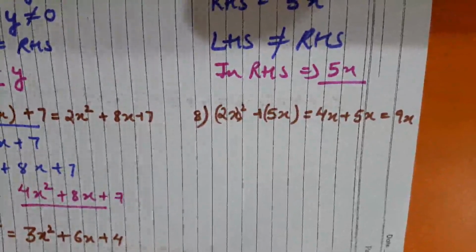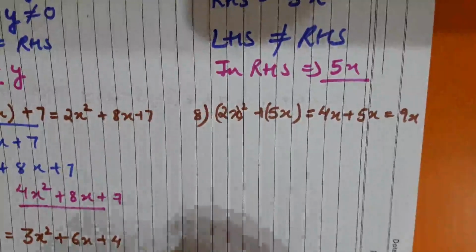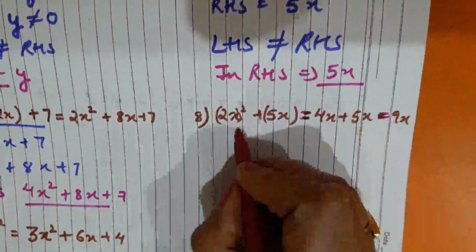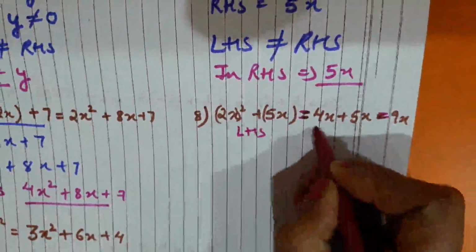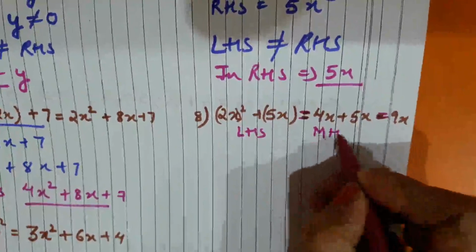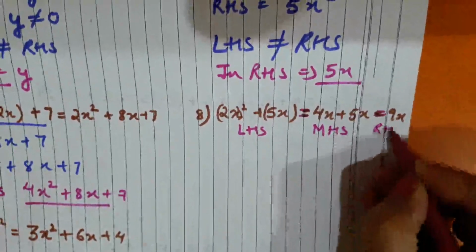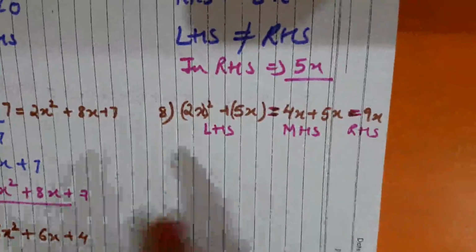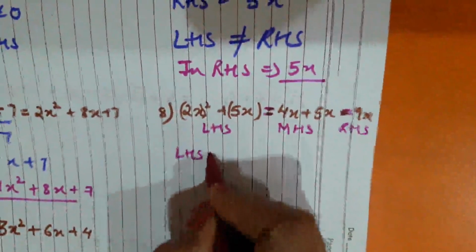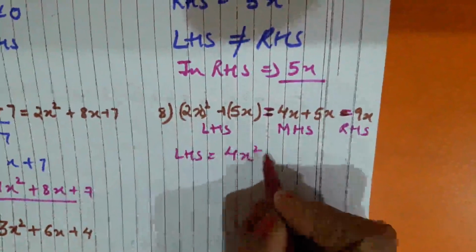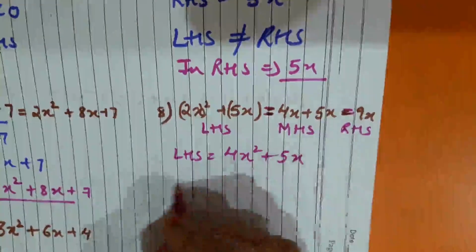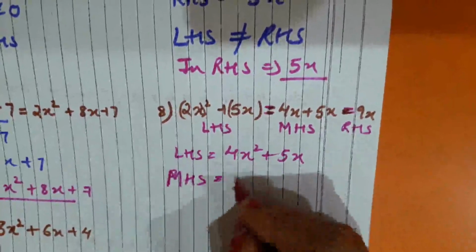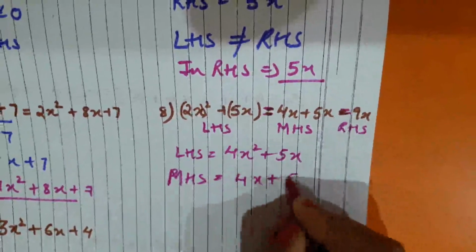4x square plus 5x gives you 9x. Now see, in this we have 2 equal to signs. So this is the leftmost side, this is the middle side, and this is the rightmost side. We need to compare all sides. On the leftmost side we have 4x square plus 5x. In the middle we have 4x plus 5x.